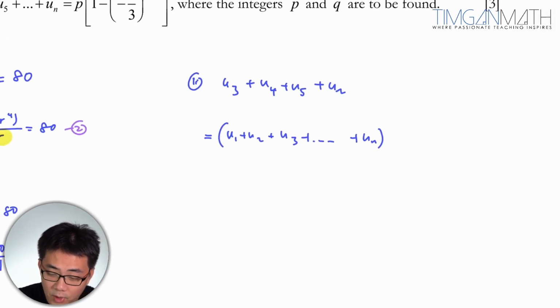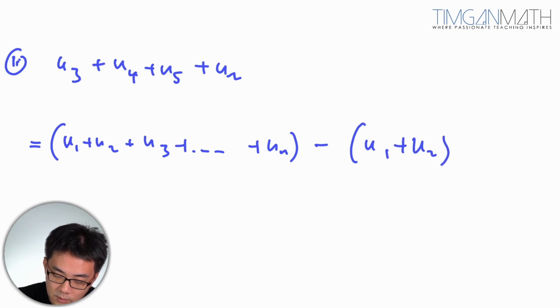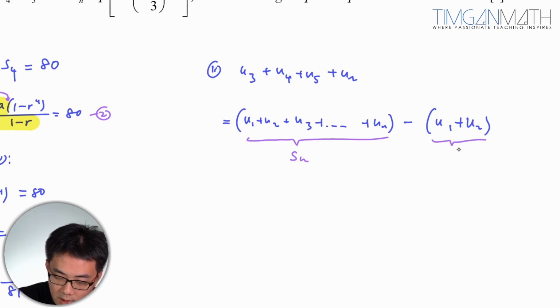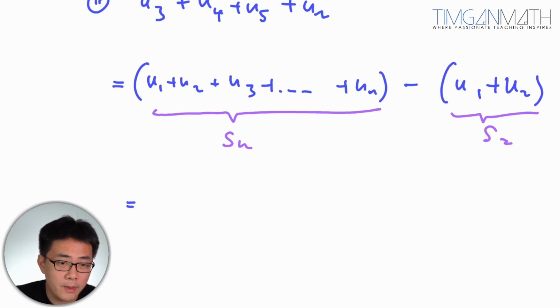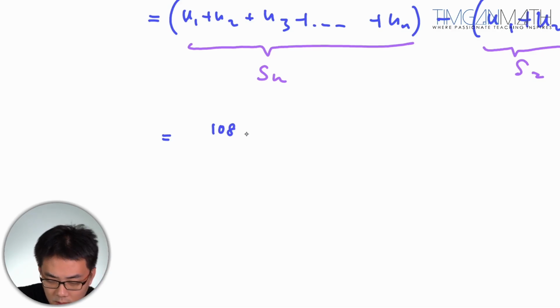The reason why I start from 1 is because we have the formula from 1 to anything. So we need to minus off U1 and U2. This is my Sn and this is my S2. Once done, this will be Sn, where a is 108.